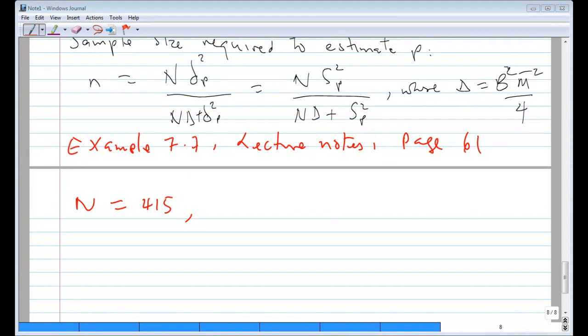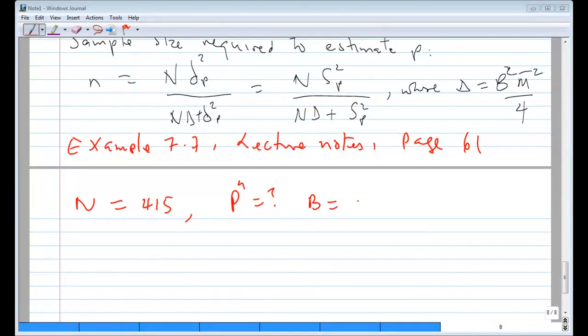In other words, we just want to find P. And then they said place a bound, so we find B.